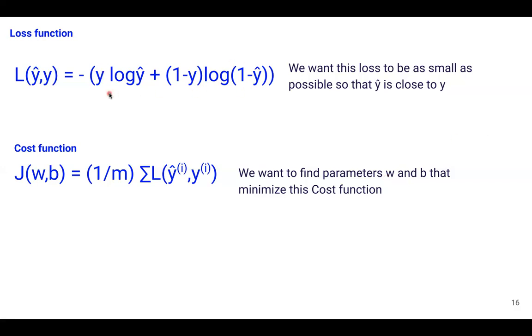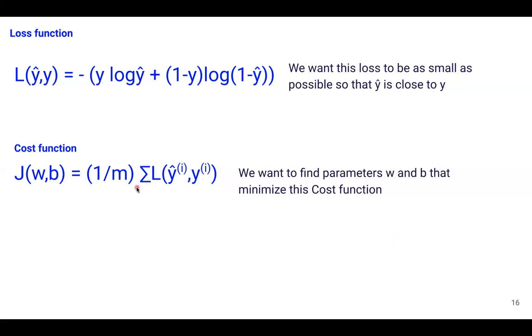You can convince yourself by computing it for y equal to y hat and y not equal to y hat. The loss function is written in a way that when y equals 1 and y hat has predicted, let's say, 0, which is a wrong prediction, then the loss function will not give its minimum value. Our idea is to minimize this loss, so minimization of the loss is what we are aiming for here.